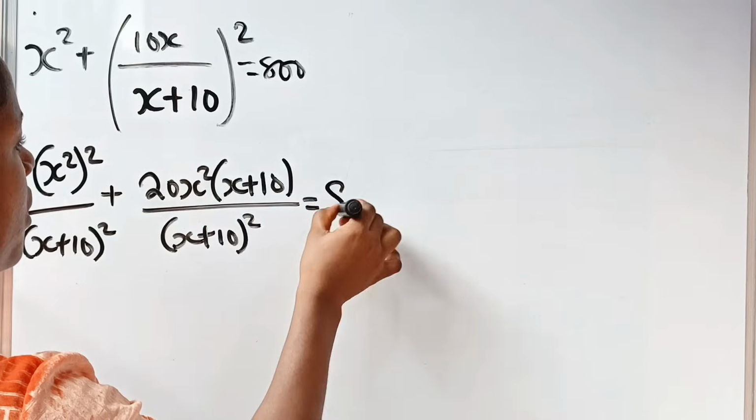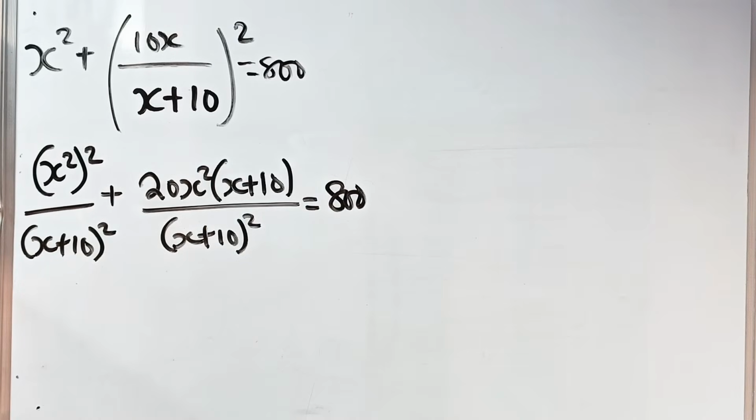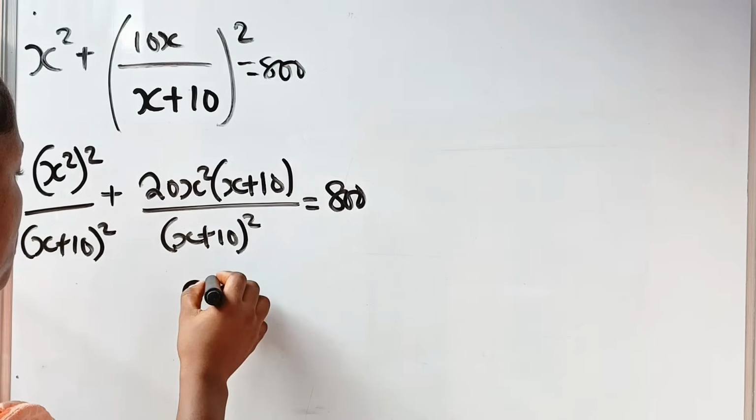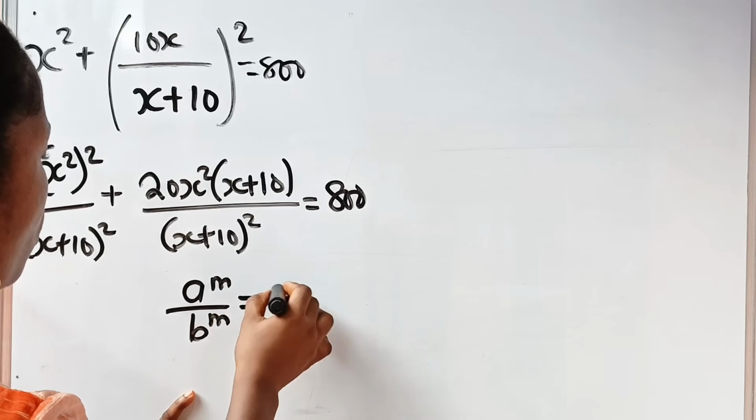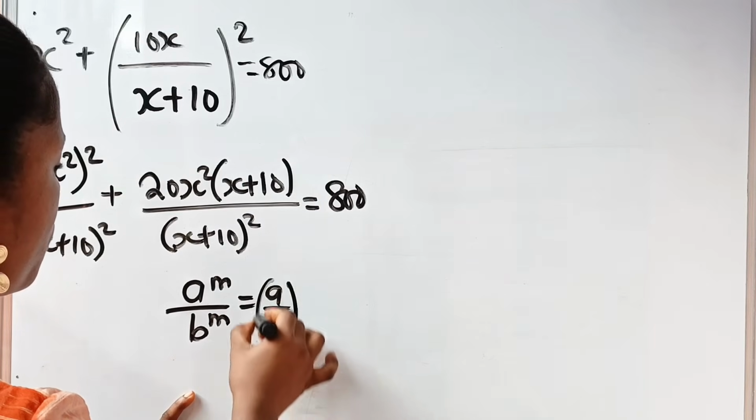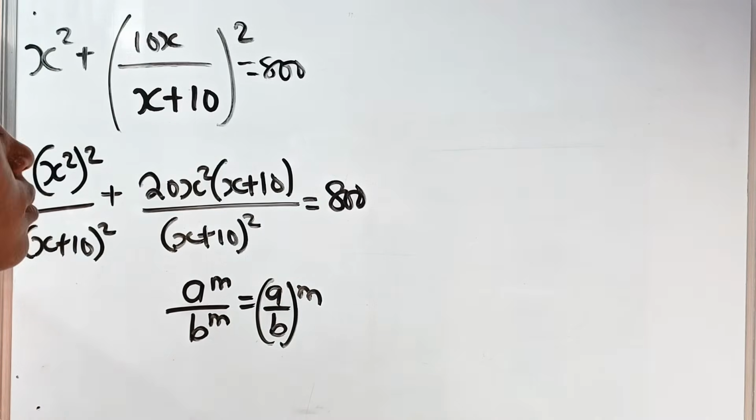All right, is equal to 800. Now, remember that a to the power of m divided by b to the power of m is equal to a divided by b raised to the power of m.